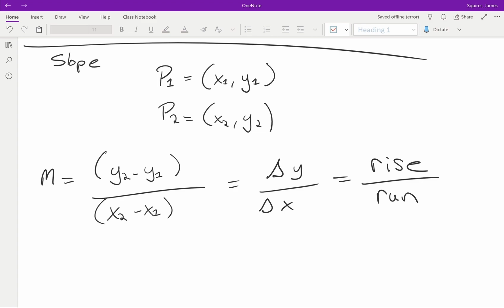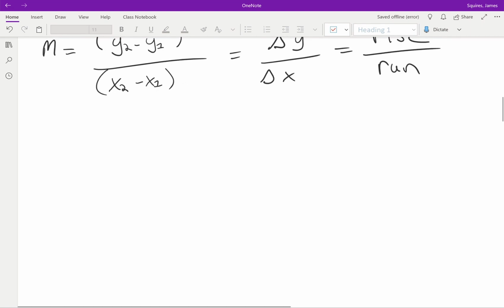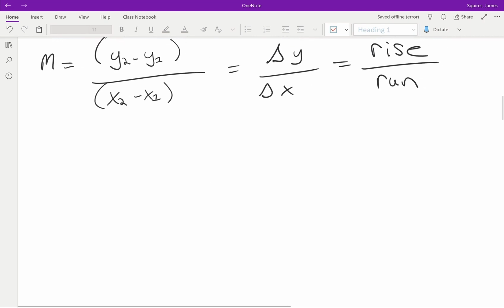So, for example, if we have 2 different points, say negative 3, comma, negative 2 as 1 point, and we have another point as 3, comma, 4.